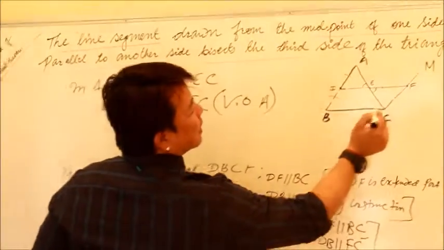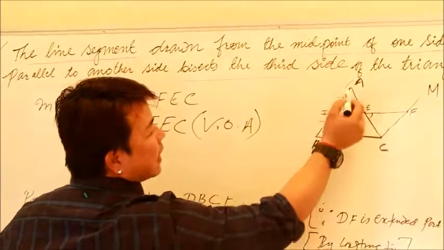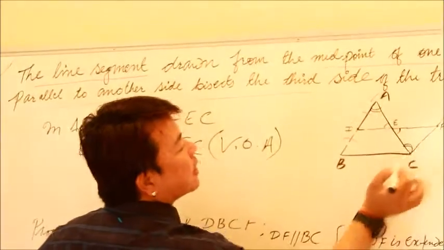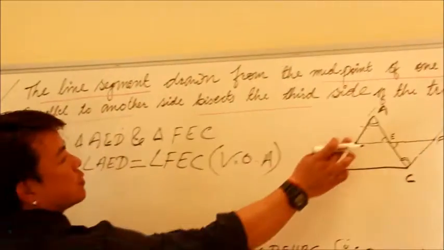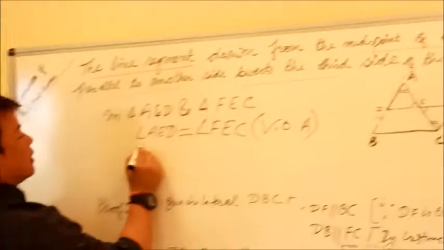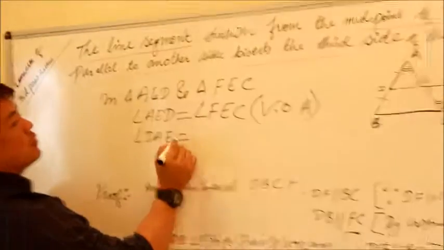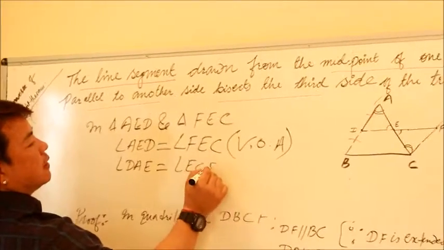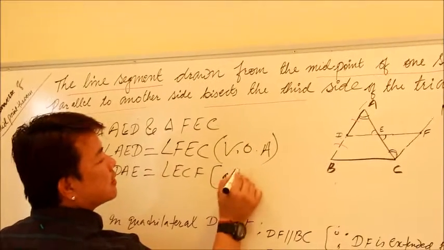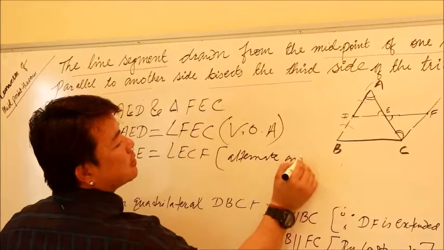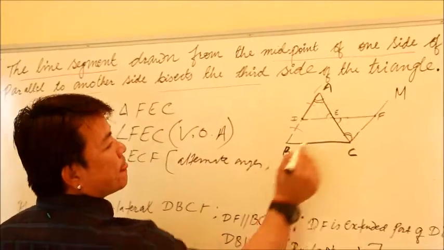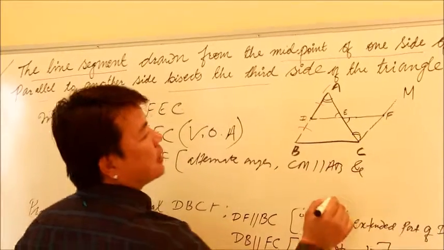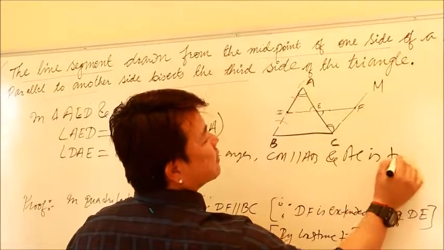Another one: CM is parallel to AB and AC is the transversal. So this angle and this angle are alternate interior angles and they are equal. Angle DAE equals angle ECF. Reason: alternate angles, since CM is parallel to AB and AC is the transversal.